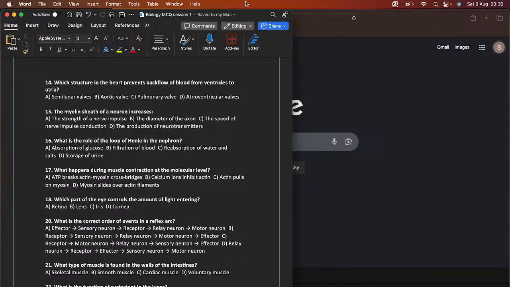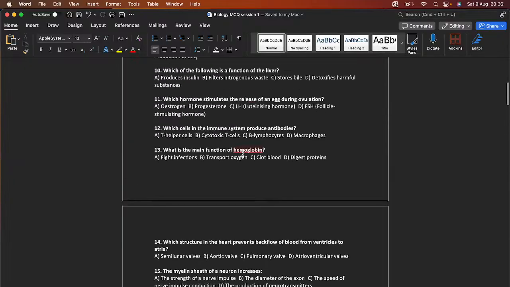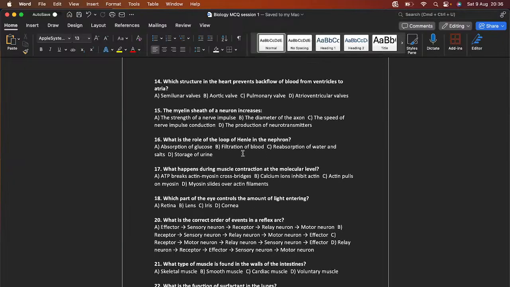Okay, so hopefully you should be able to see the screen now. Can you guys see the screen now?